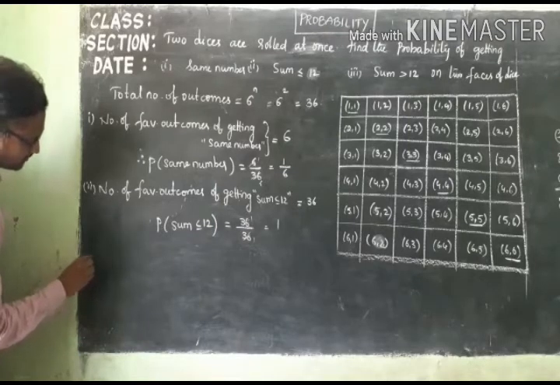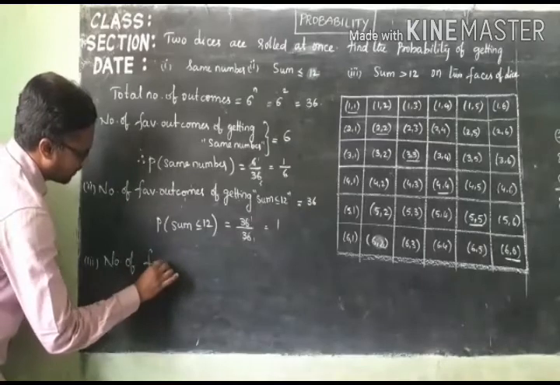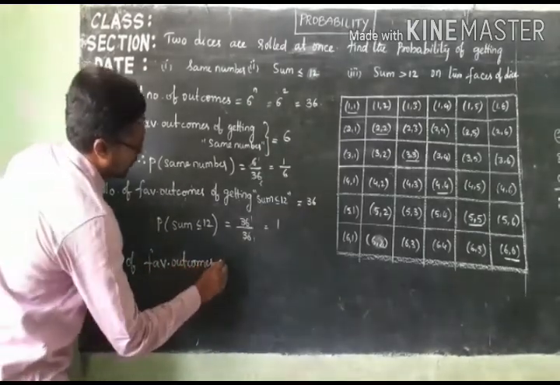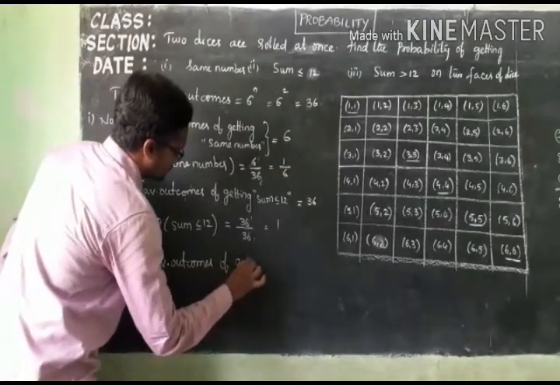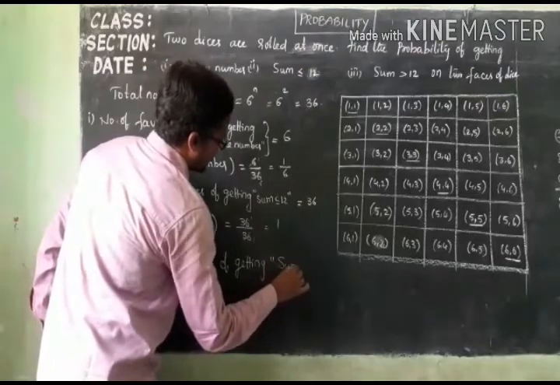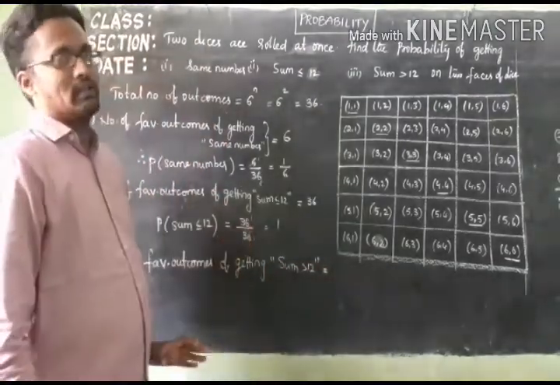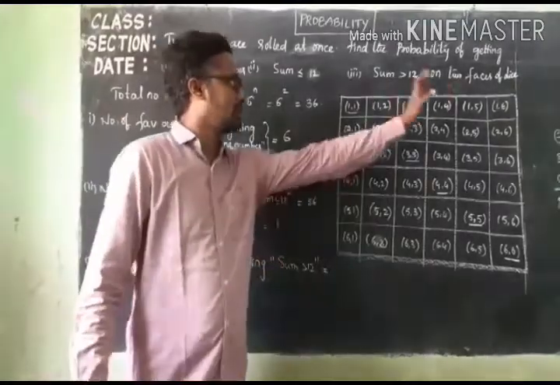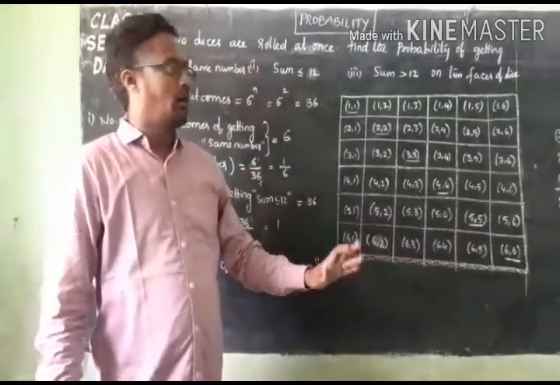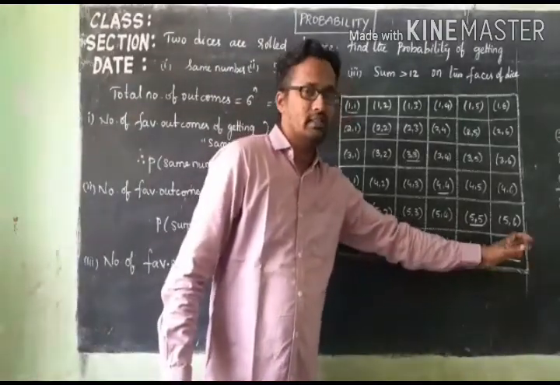So the number of favorable outcomes of getting sum greater than 12. If you see the table again, it consists of all the cases in which the sum is less than 12, or in one case 6 plus 6 is equal to 12.